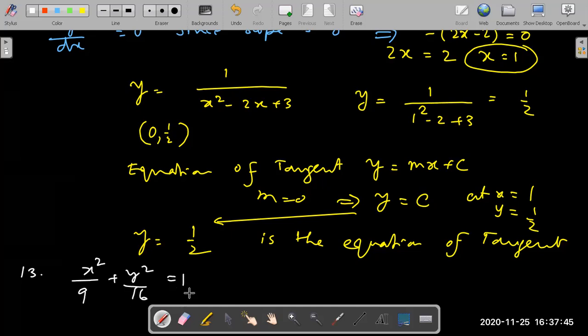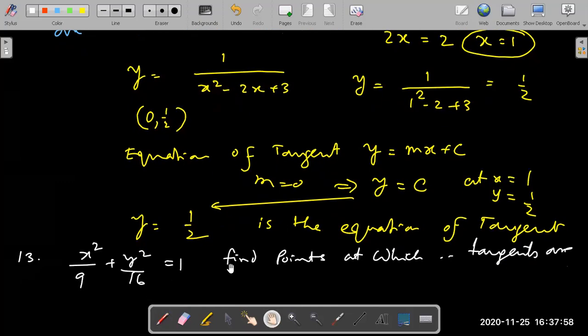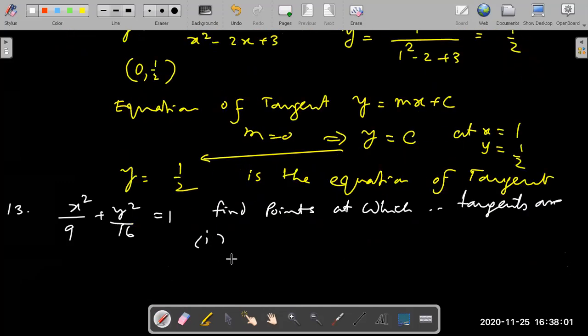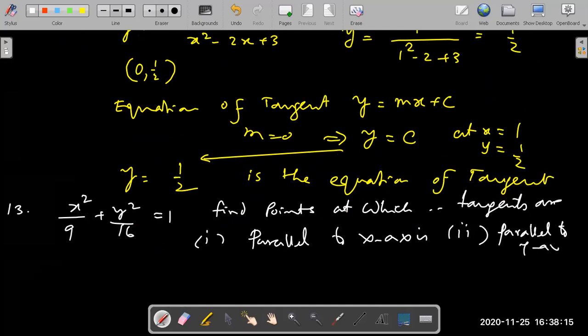This is an ellipse at which find points at which the tangents are, first point is parallel to x-axis, and the second one is parallel to y-axis. So we are looking at first parallel to x-axis, that's the first one.